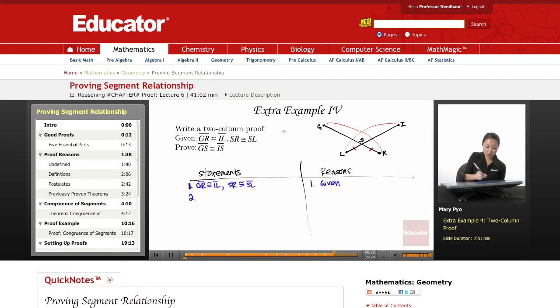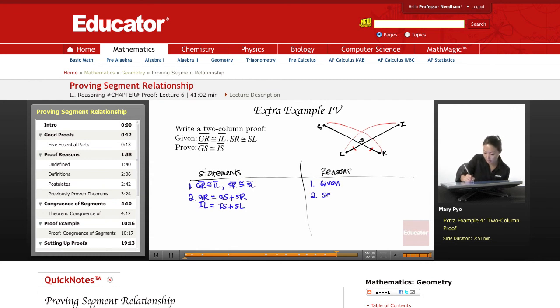So GR equals GS plus SR. And IL equals, I'm just doing this to both segments, IL equals IS plus SL, right?